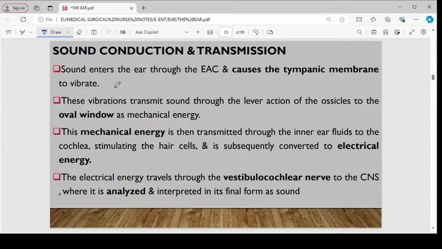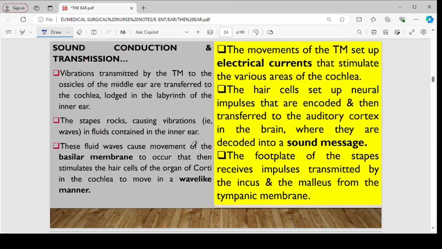This mechanical energy will then be transmitted through the ear fluids, that is the perilymph, then the endolymph, into the cochlea, stimulating the hair cells, and subsequently it will be converted to electrical energy. This electrical energy will travel through the vestibulocochlear nerve to the CNS, where it will be analyzed and interpreted in its final form as sound.